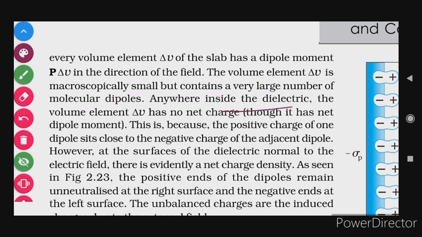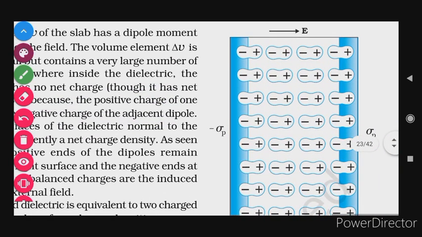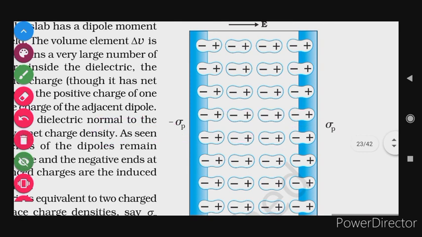So there will be a large number of molecular dipoles in that small volume. Anywhere inside the dielectric, the volume element del V has no net charge, though it has net dipole moment. Okay, this is because the positive charge of a dipole sits close to the negative charge of the adjacent dipole. As I have already explained, you see in this, the positive and the negative of these two adjacent dipoles are very close to each other, so they will neutralize each other. Okay, so there will be no net charge inside the dielectric, only charge will be on the edges of the dipoles.